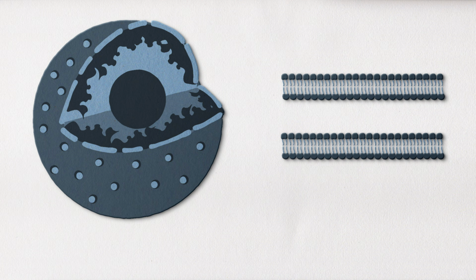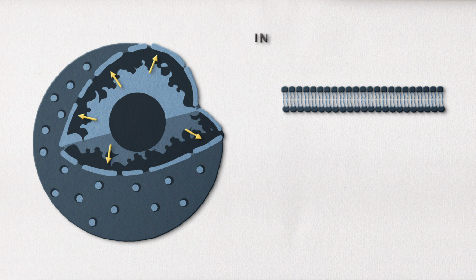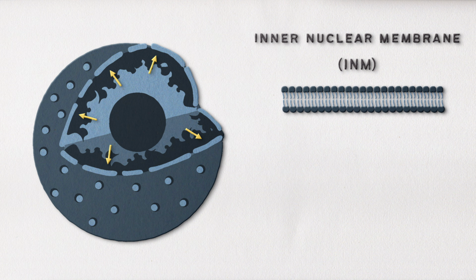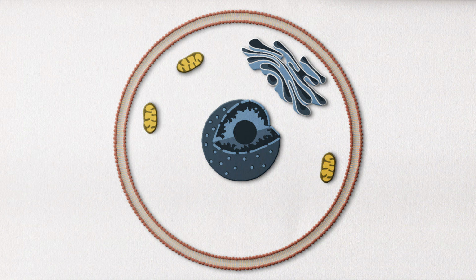This protective envelope is actually composed of 2 membrane layers. An inner nuclear membrane, or INM, facing towards the inside of the nucleus, and an outer nuclear membrane, or ONM, facing away from the nucleus towards the cytoplasm of the cell.